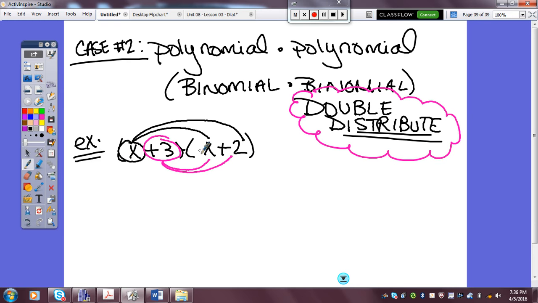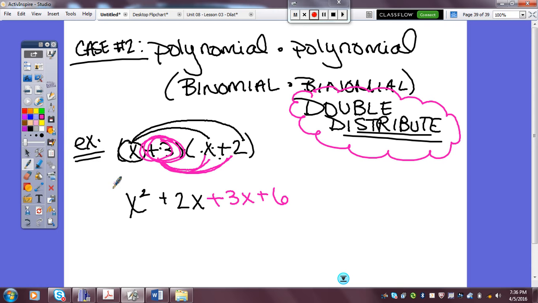If I take x times x, well, what's x times x? Well, that's x squared. How about x times 2? Oh, that's 2x. So now I'm going to look at my second term, and I'm going to distribute him to everybody inside here. So 3 times x is 3x, and 3 times 2 is 6. Okay?